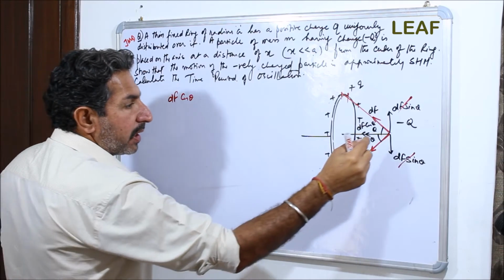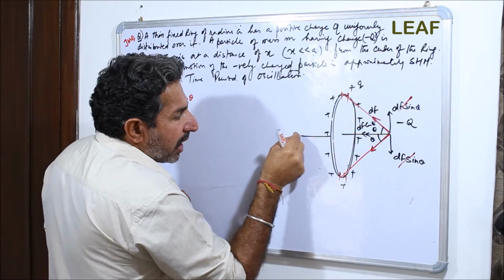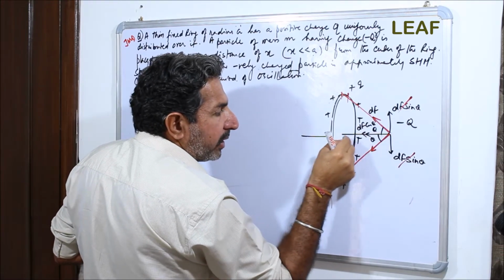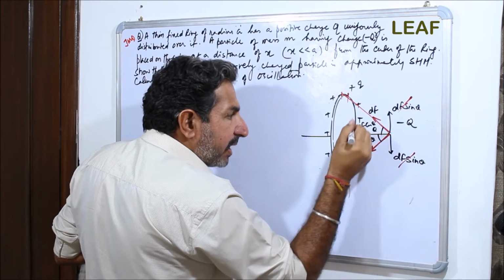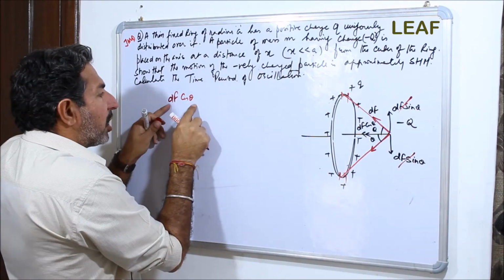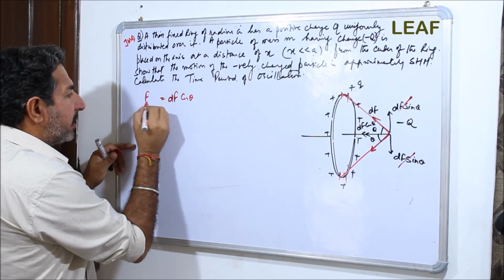Okay, now you can consider it like this. Suppose the charge has moved from this point to this point during the SHM, then this dF cos theta at that point of time will become the restoring force. So dF cos theta is the restoring force.